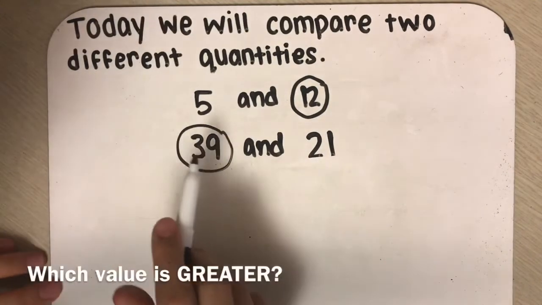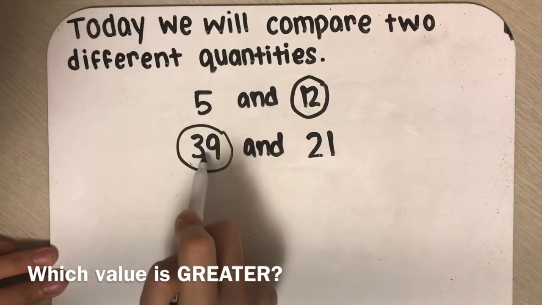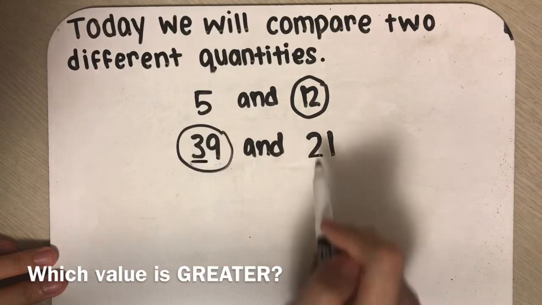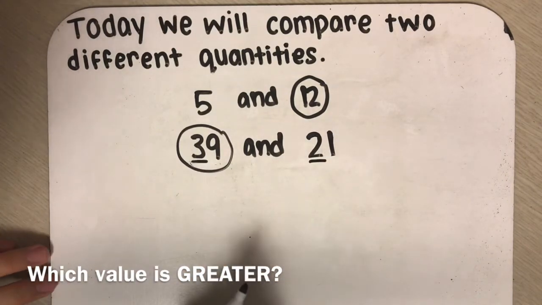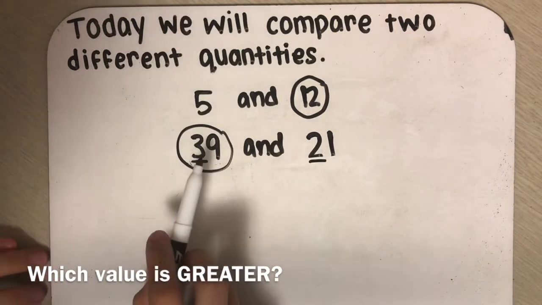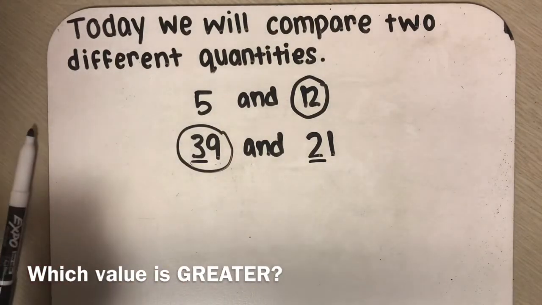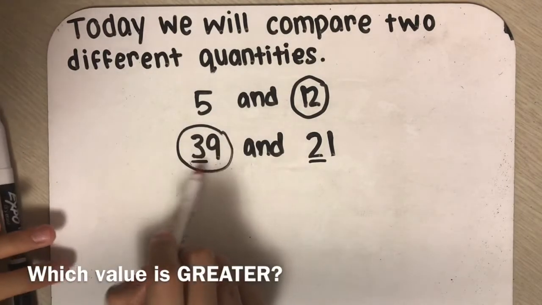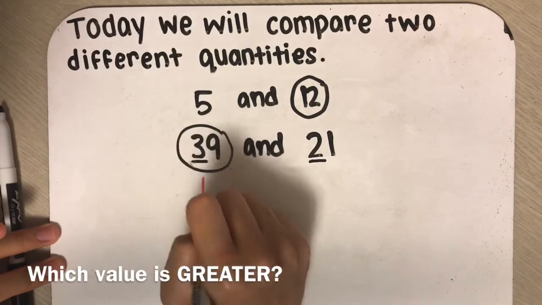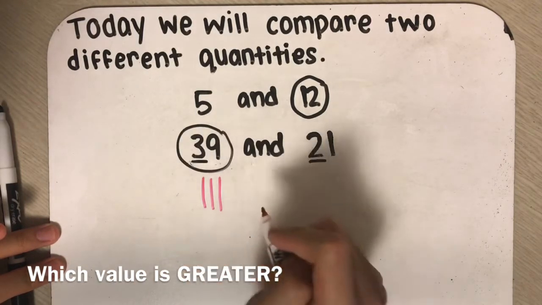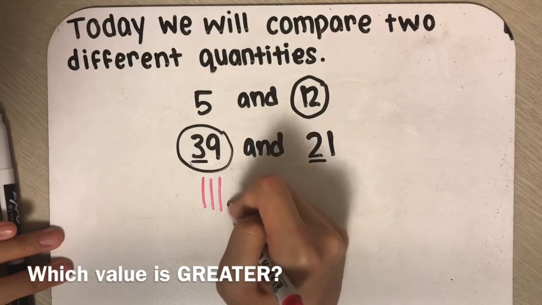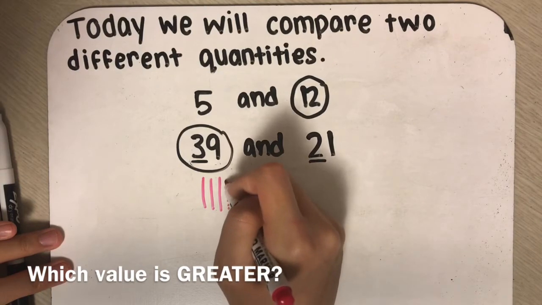One way to tell which number is greater is by taking a look at the value in the tens place. Let's use our quick tens to draw what this would look like. 39. We have 10, 20, 30, and 1, 2, 3, 4, 5, 6, 7, 8, 9.